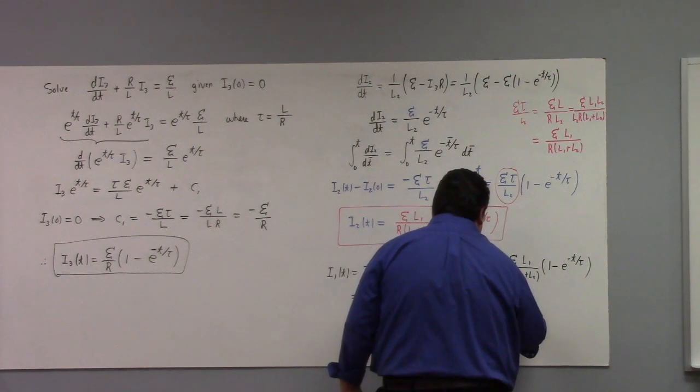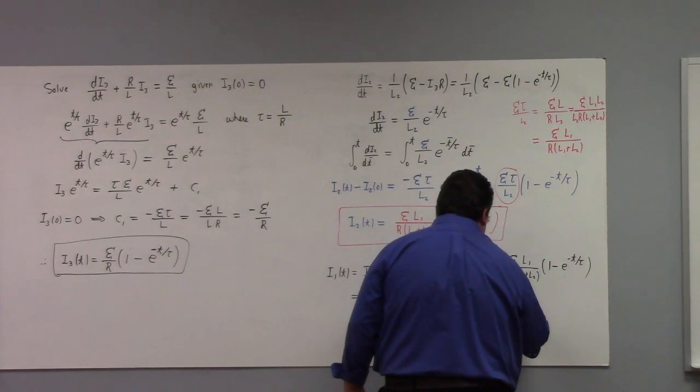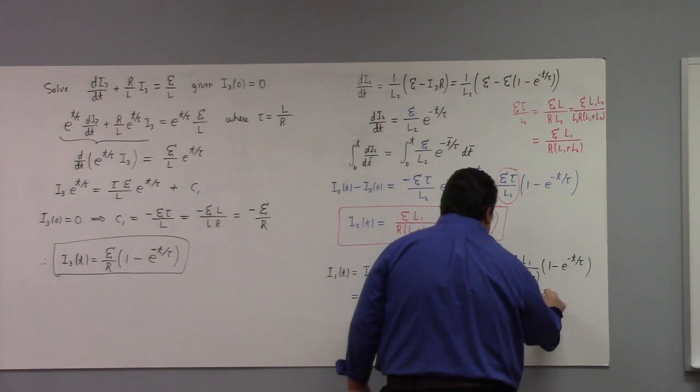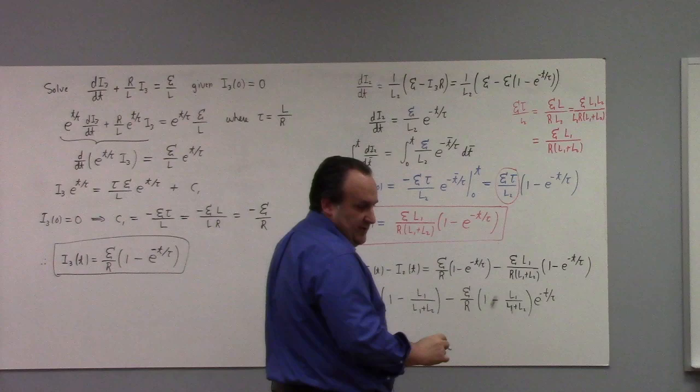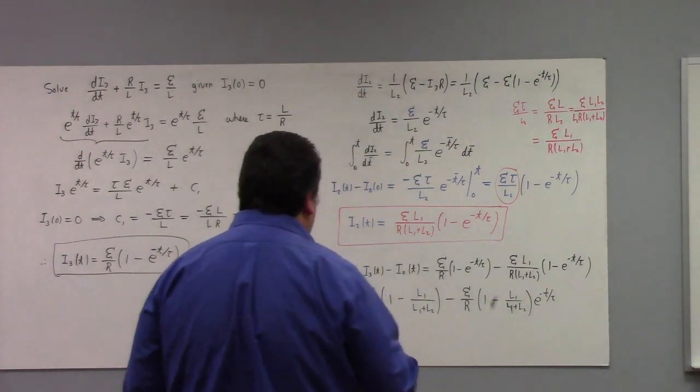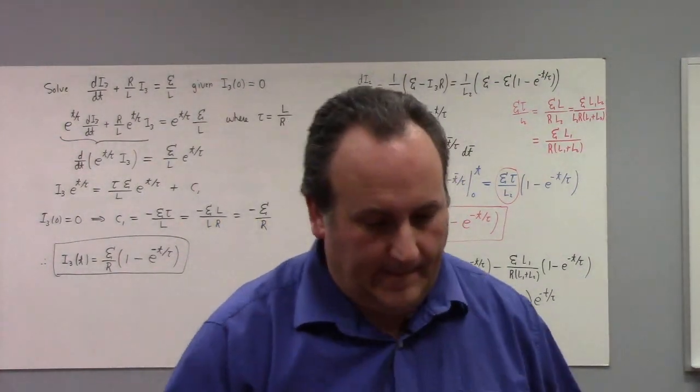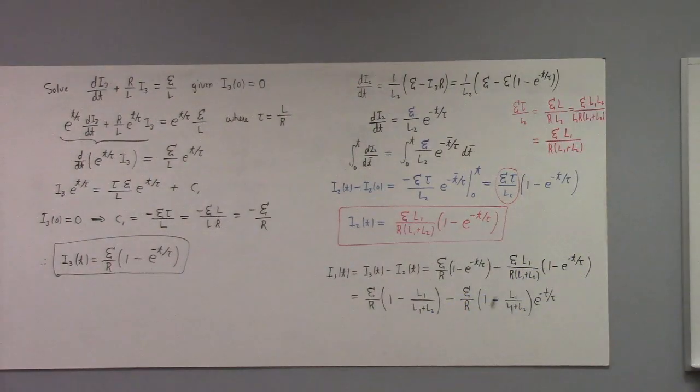However you want to do the algebra here, L1 plus L2, e to the minus t over tau, I believe. There are 4 terms. Yeah, I think that's okay.